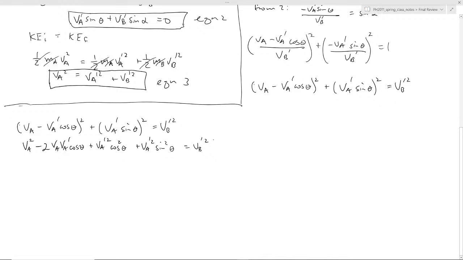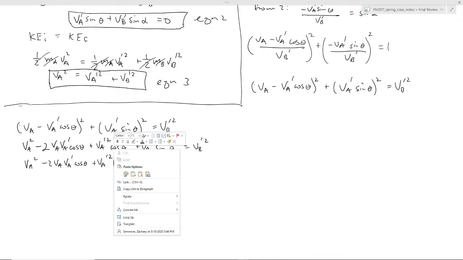So notice we're trying to get VB prime, but we have a thing that's quadratic in VA prime, so it's going to be difficult to eliminate that. Instead, we have VB prime squared by itself, so we could eliminate that. Let's do that. We can also notice there's some simplifications that we can put in place here. So basically, let's factor out a VA prime squared.